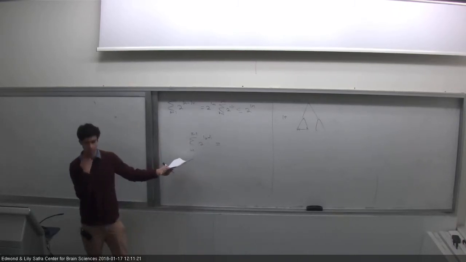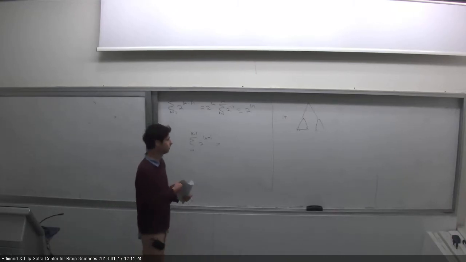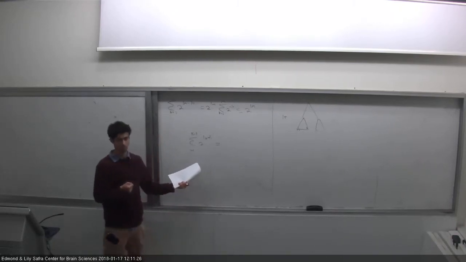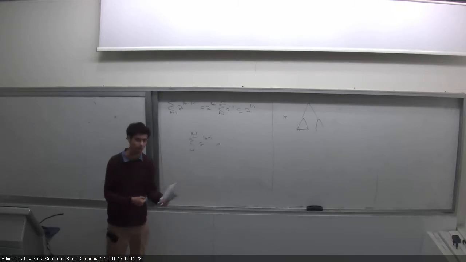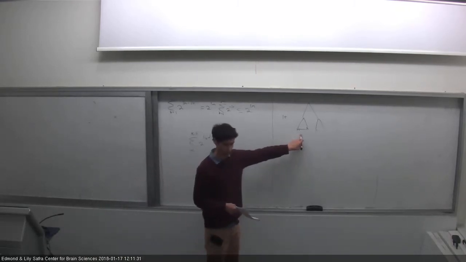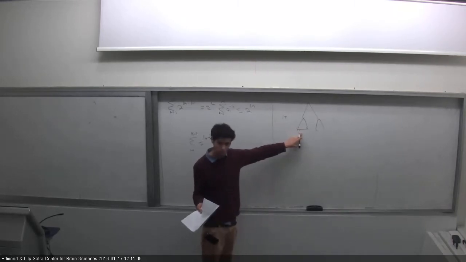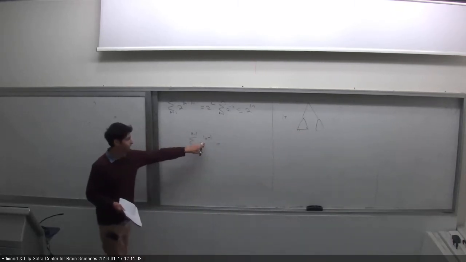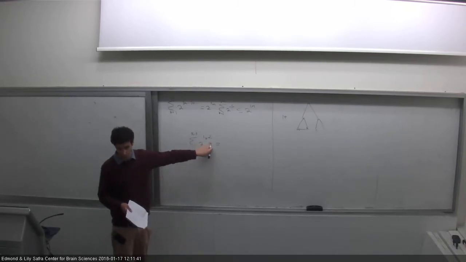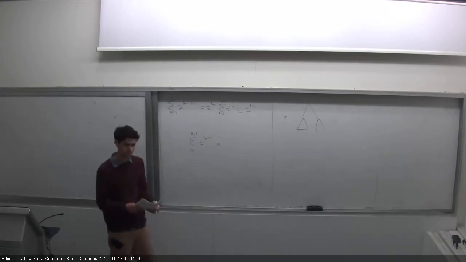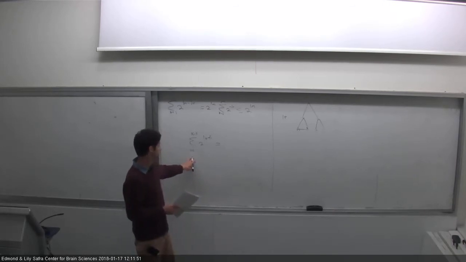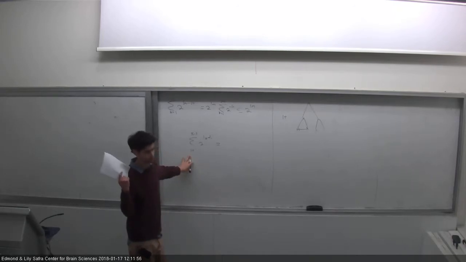Now, in the ith iteration, how many leaves did I remove from this tree? We already did it. It's 2 to the Lk minus Li. Is it clear? Good. What is the i? I is running over all the previous iterations.